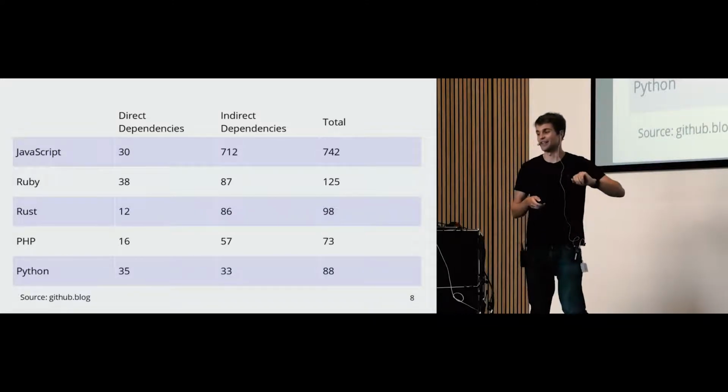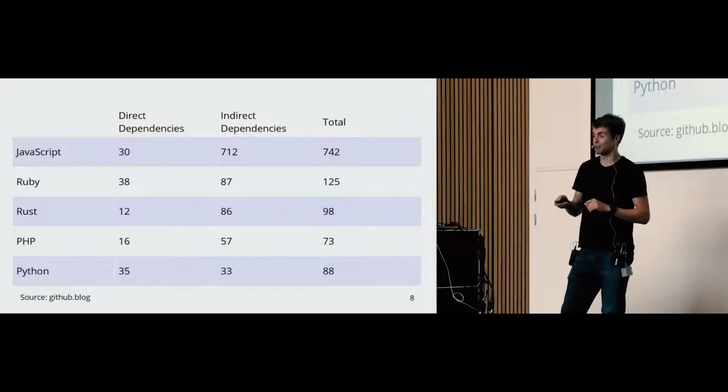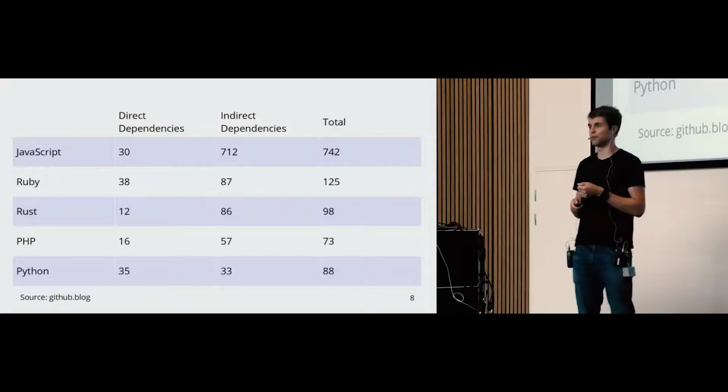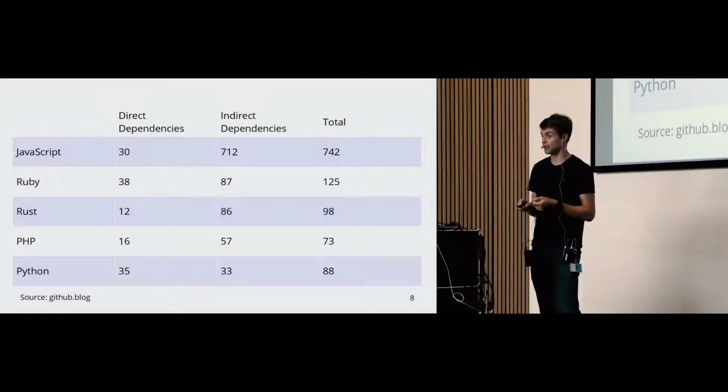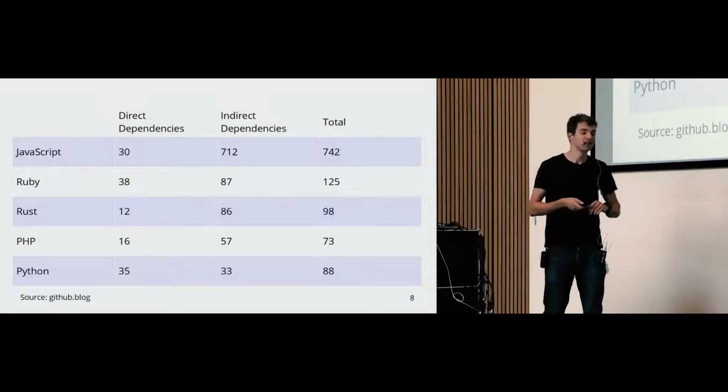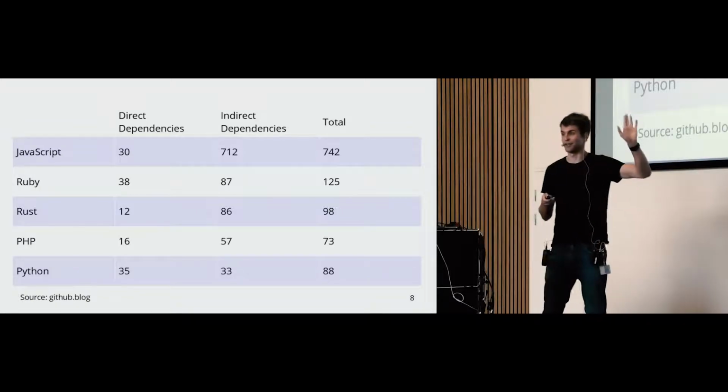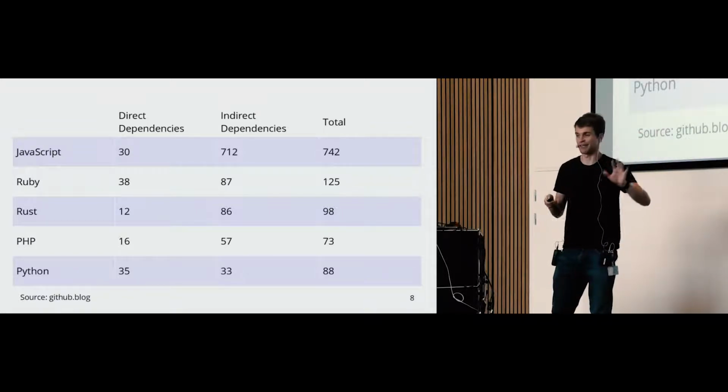So this table shows the average number of direct and indirect dependencies for the average project on GitHub, split by language. So JavaScript, by far and away, the largest number of indirect dependencies.